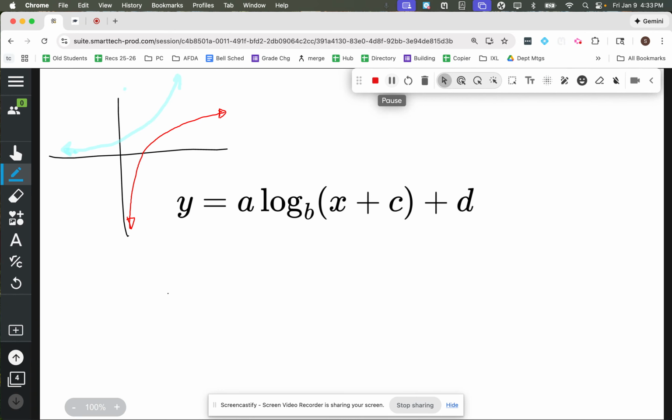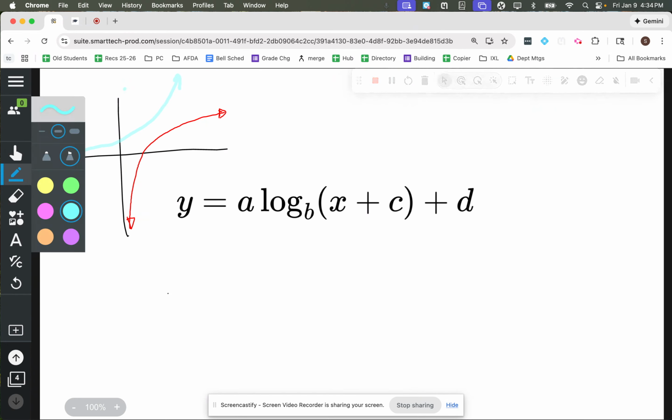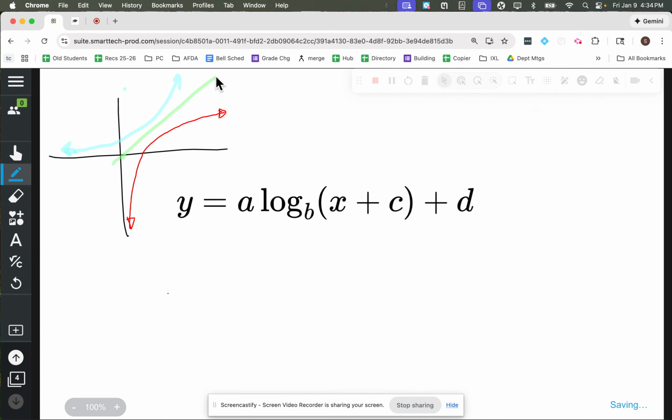Okay, I just drew in very light blue what a basic exponential function looks like. And you can see that it's kind of a mirror image, but a mirror image across the diagonal, right? They kind of are flips of each other.